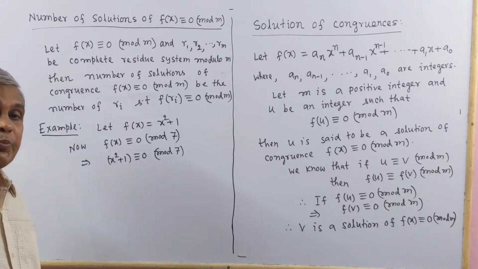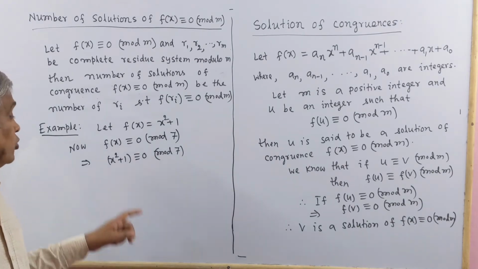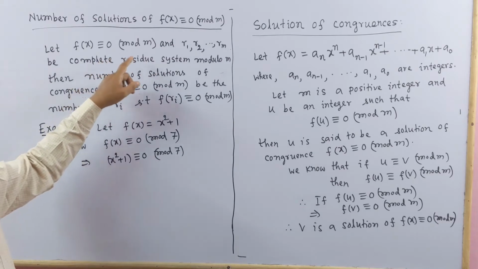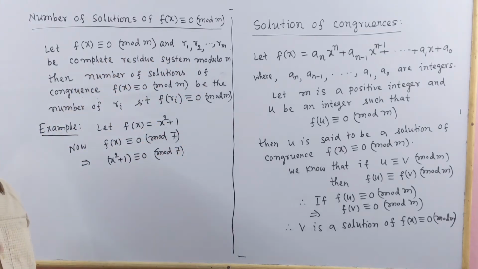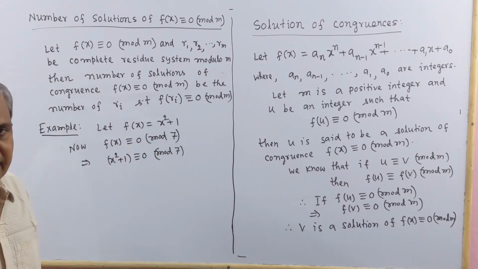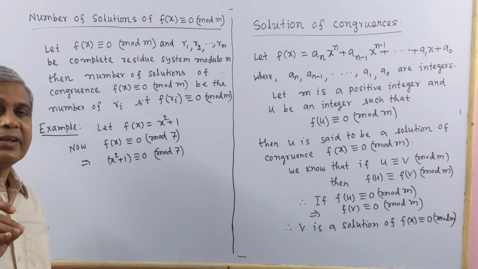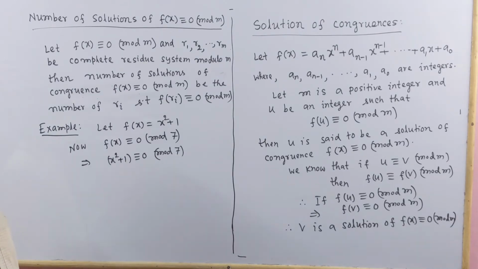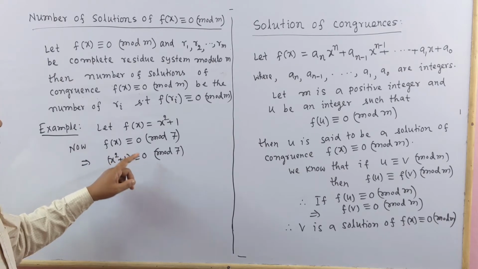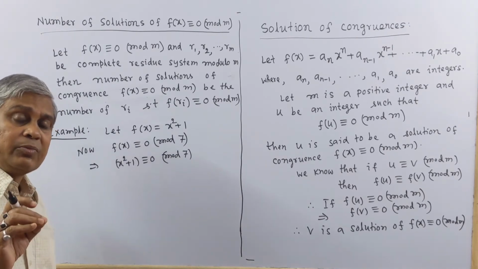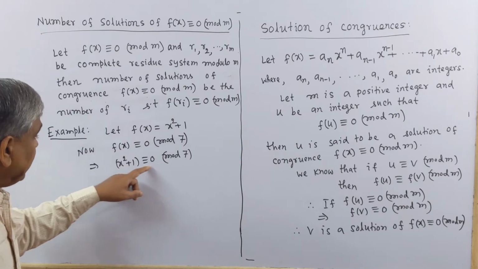Now, we have to find all those values of x which are members of a complete residue system modulo 7 and satisfy this congruence. That means we have to find the positive integers less than or equal to 7 that satisfy this congruence.